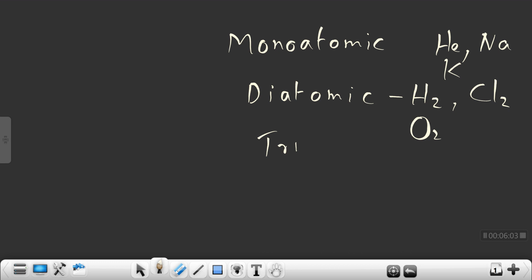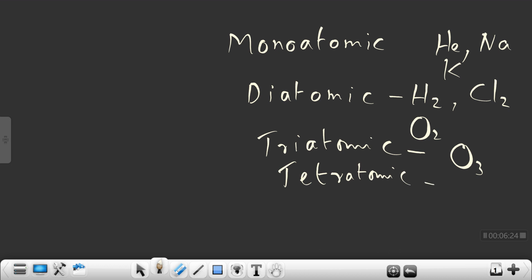And there is triatomic molecule, that is ozone. You have heard about ozone, no? The formula of ozone is O3. That means its molecule contain 3 atoms. Tetratomic. That means P4. P means the symbol of phosphorus.